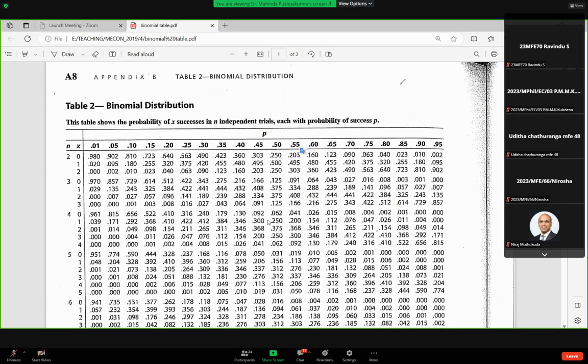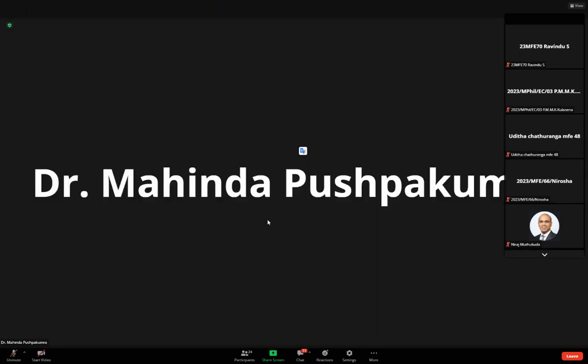Okay, then we will move to another way to find probability. We call it Excel. That means through Excel also you can find the probabilities.